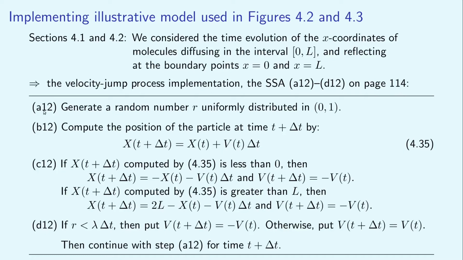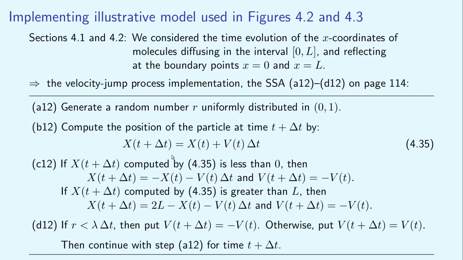The first two steps, A12 and B12, are identical to the steps A10 and B10 of our previous velocity jump process algorithm. We generate a random number R uniformly distributed in interval 0, 1 in the first step, and we compute the position of the particle at time t plus delta t in the second step.